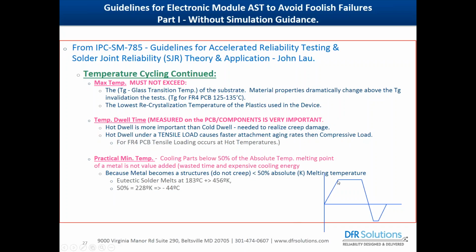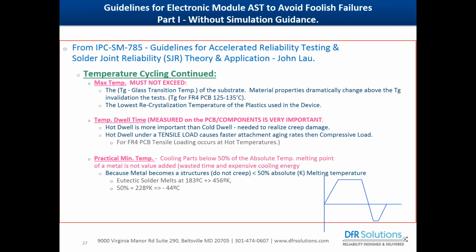Now, suppose that you kept the 15-minute heating time and the 15-minute hot dwell time, but suppose your cold dwell time was only 5 minutes, which would allow you just enough time to make sure that the circuit board and all of its components actually reach the desired temperature. That would allow you to do a thermal cycle in 50 minutes instead of 60.